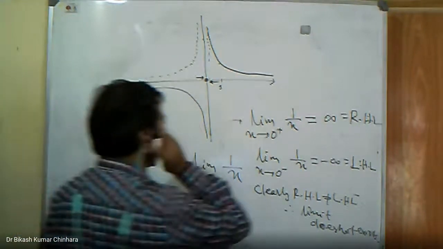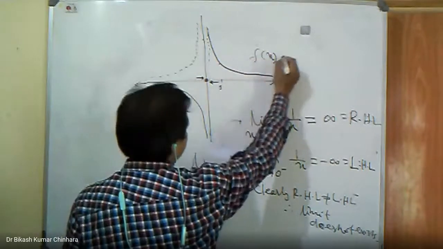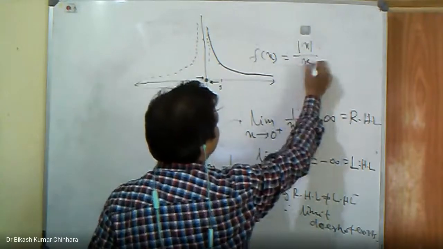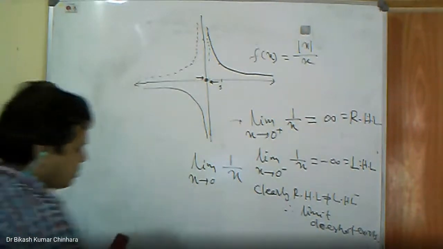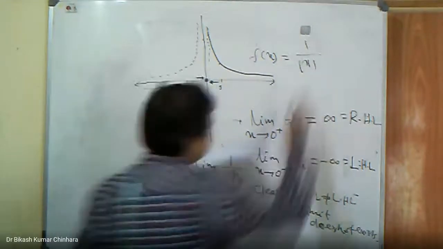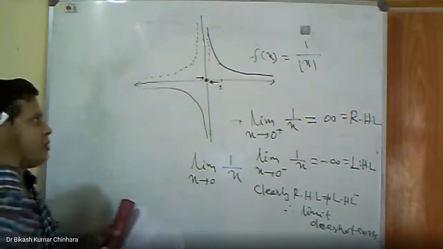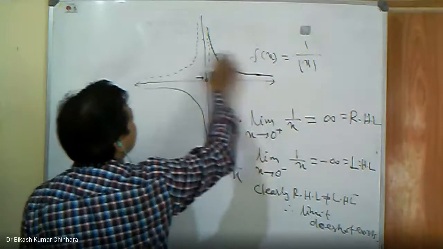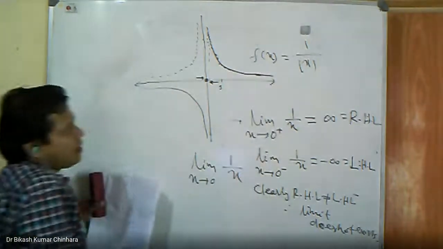So for this case, the function will be like this. f of x will be 1 by modulus of x. So this is the graph, the dotted line. Along with this is the graph of f of x equals 1 by x.